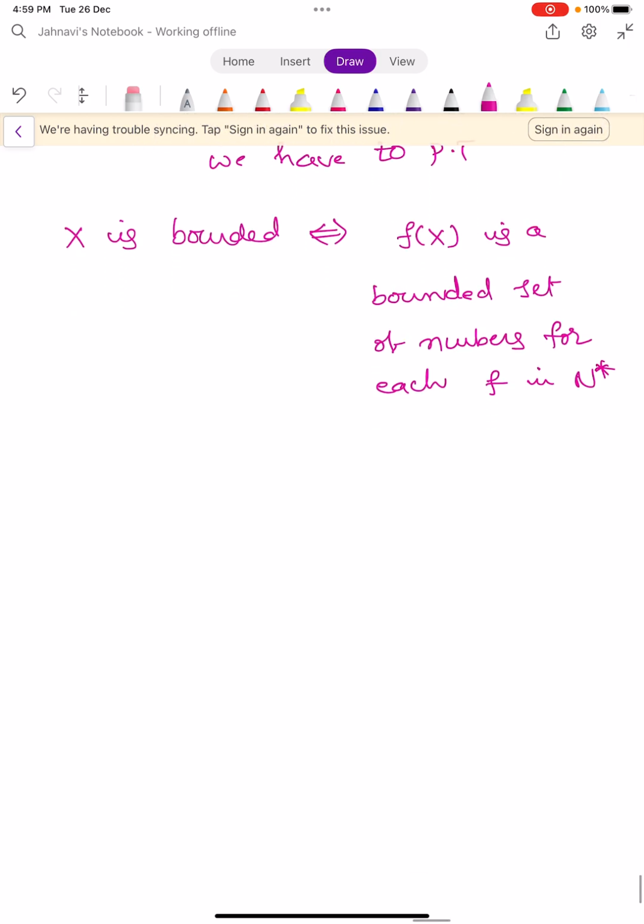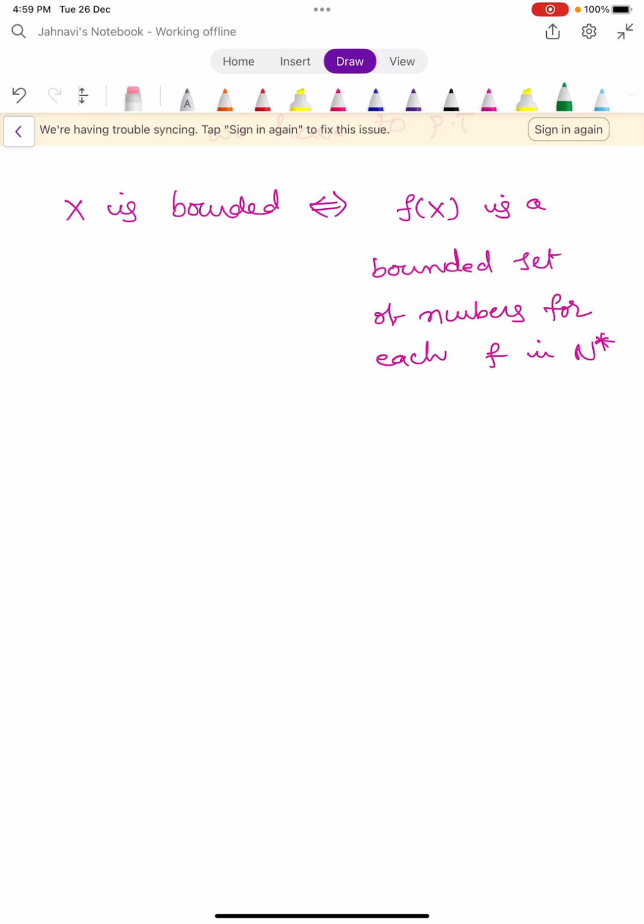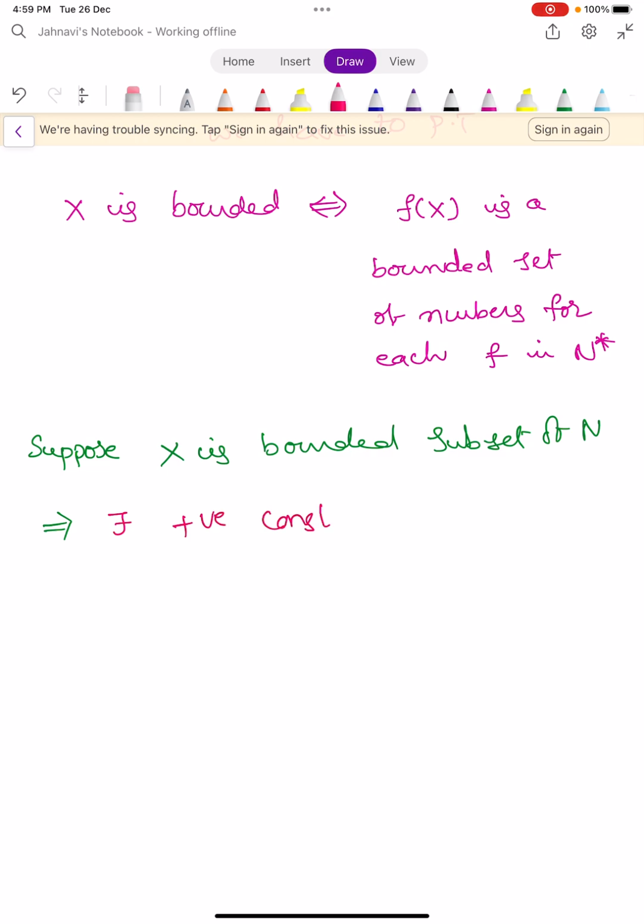So part 1, assume that X is bounded. Suppose X is a bounded subset of N. By the definition of bounded subset, there exists a positive constant K1 such that norm x is less than or equal to K1 for all x belongs to X. Let it be equation number 1.